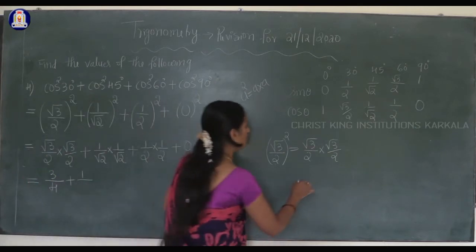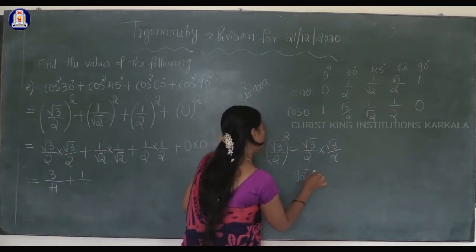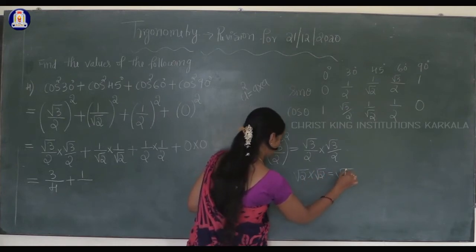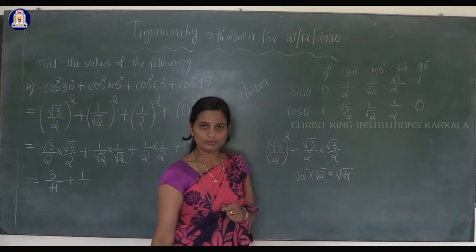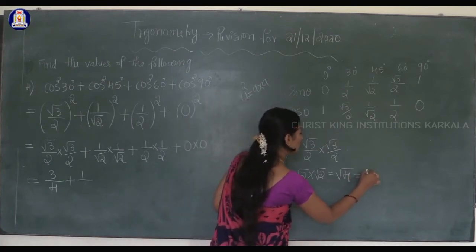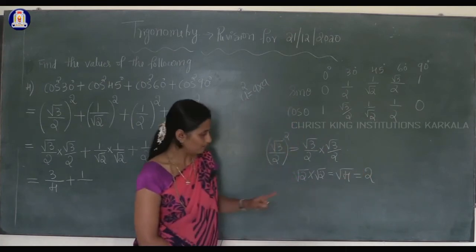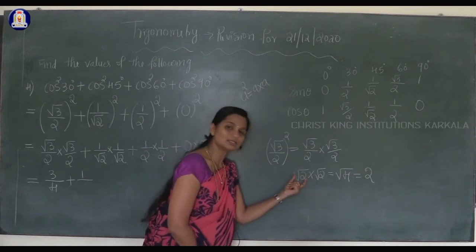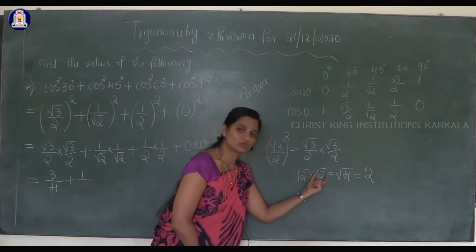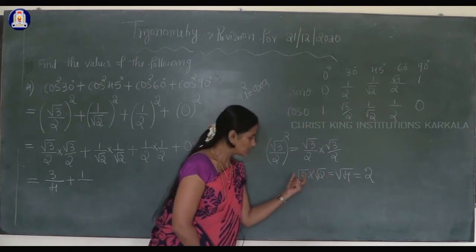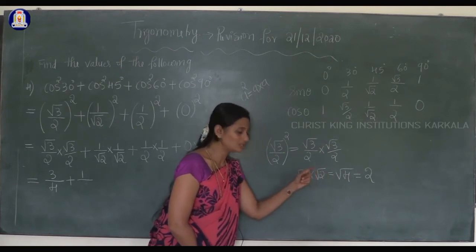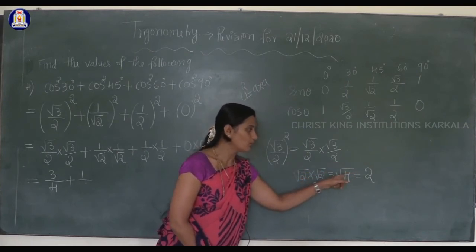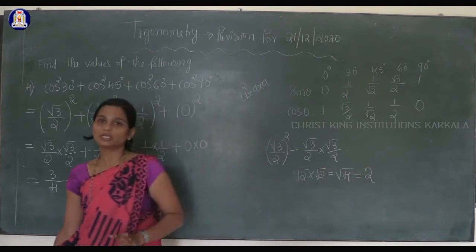Root 4. Root 4 means it is equal to 2. See, here you can multiply the numbers because this is a root and this is also a root. So we can multiply the numbers inside. So 2 into 2 is 4, and the square root of 4 is 2.